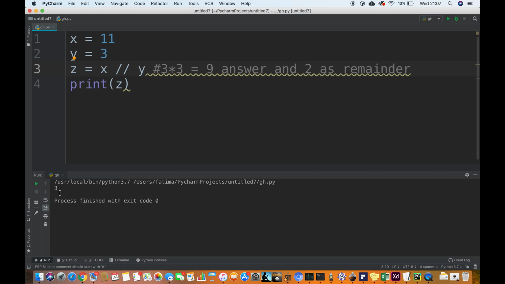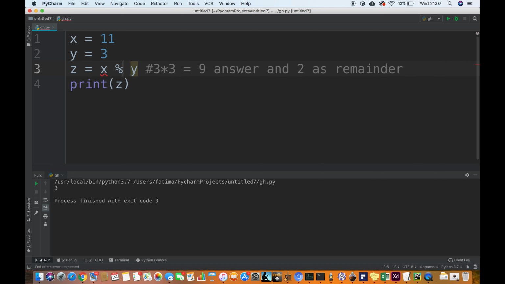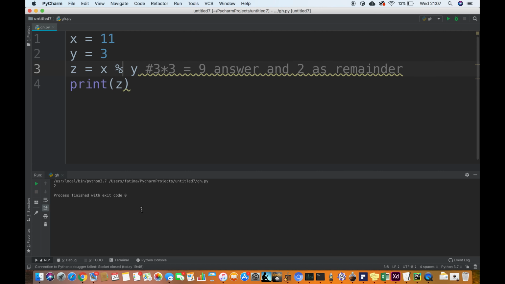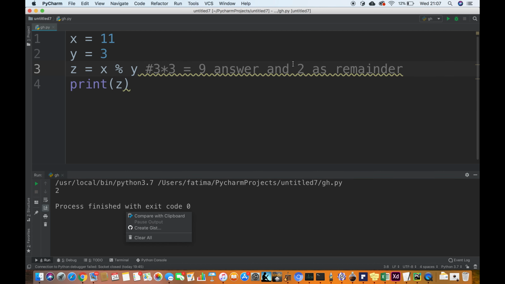So 3 is being multiplied by 3 to give us 9, which is divisible. This part ignores the remainder 2, and it just counts how many times it can be multiplied. And if we have this percentage, it will count the remainder, it will tell us only the remainder 2. It won't note down what is divisible.